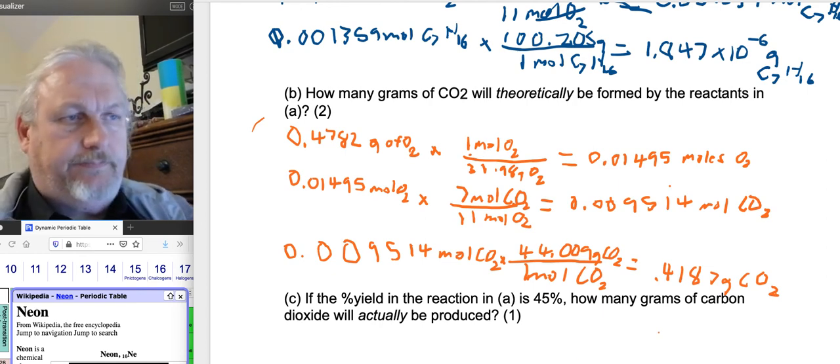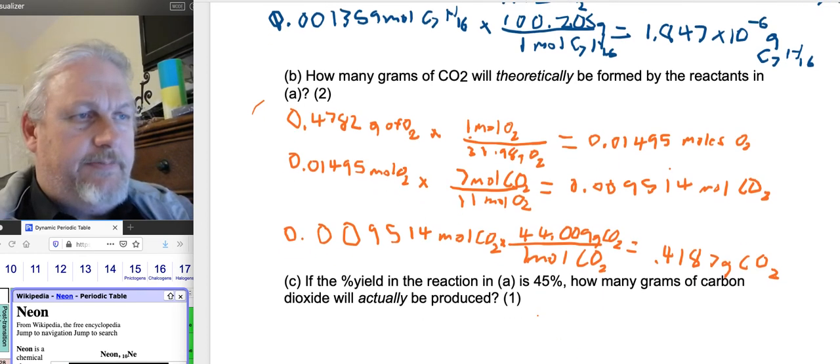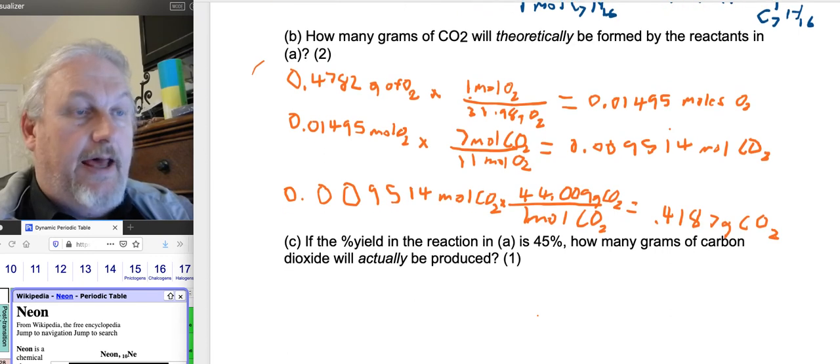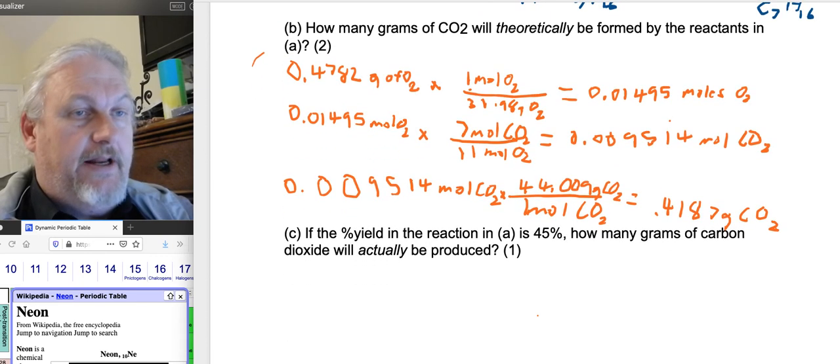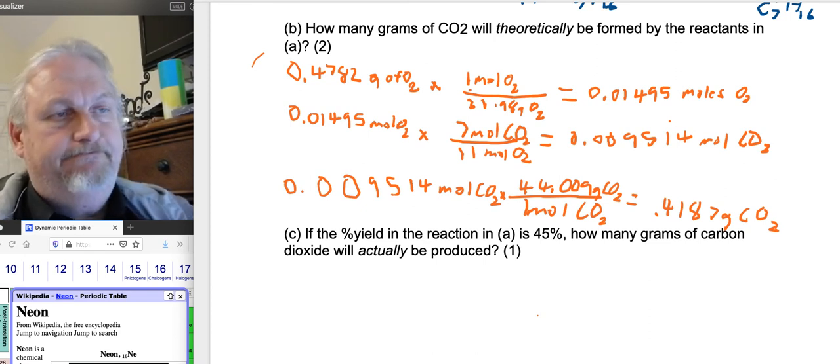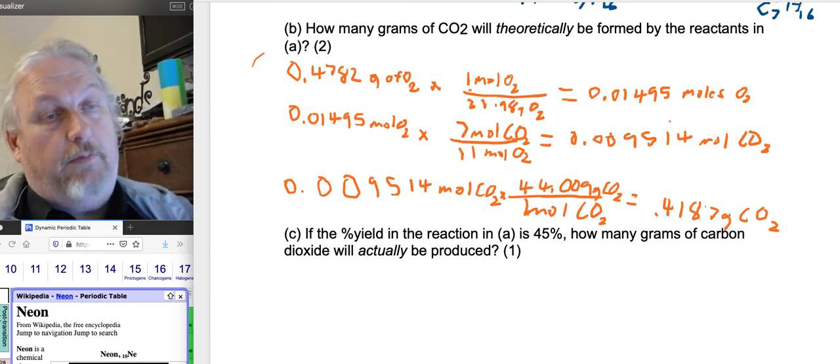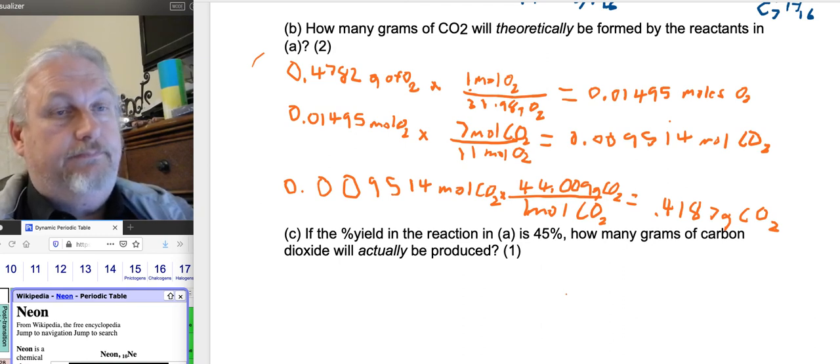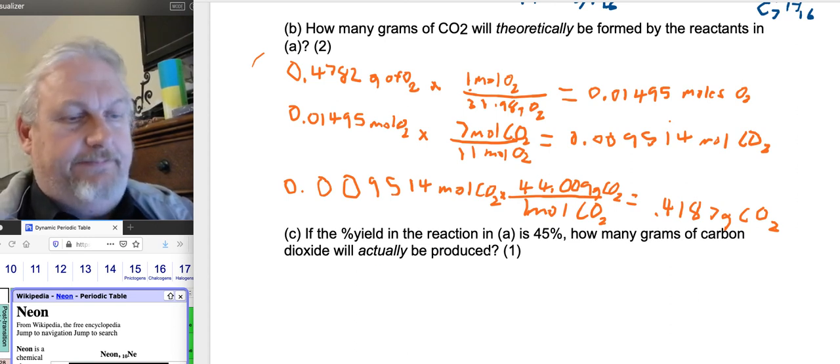So here it asks, if the percent yield in the reaction in A is 45%, how many grams of carbon dioxide will actually be produced? The theoretical yield is 0.4187. So what is actually produced? 45% of that. How do we do that?